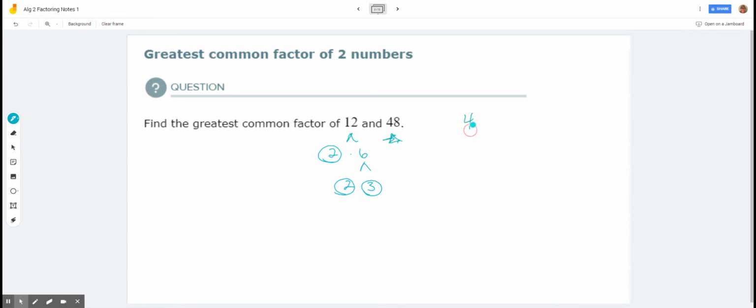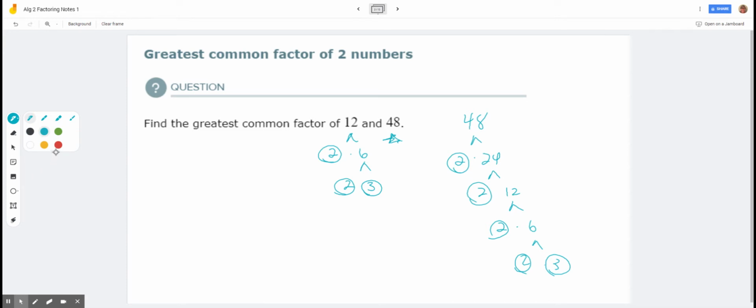48, I'm going to go over here with 48. 48 is 2, which is prime, times 24, which is not. 2 times 12. And you might notice it right then and there, like, oh, wait a minute, 12. Okay, 12 is 2 times 6, 2 times 3. So just to understand, we're looking for what they have in common.